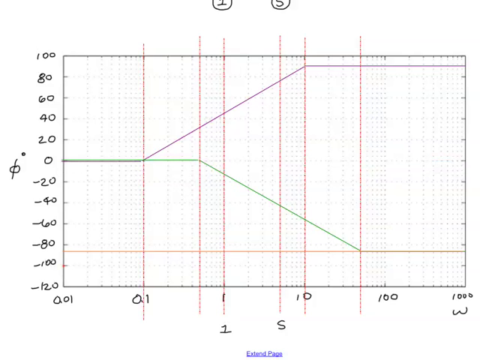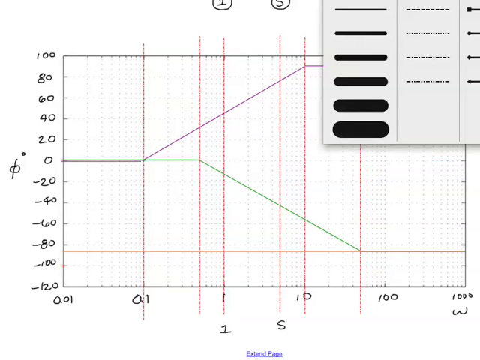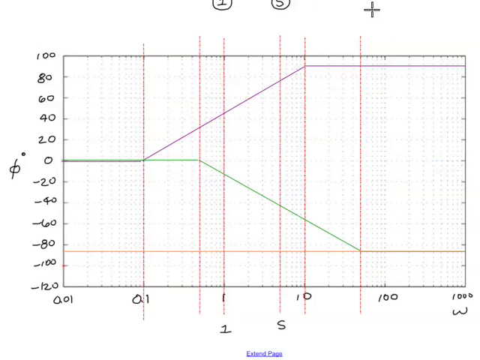So if I draw this in red, heavy red line like this, we know that it starts out at minus 90 degrees. The only thing giving phase in that case is our integrator. Between the 0.1 and the 0.5, we see that we have contribution here of 45 degrees per decade.